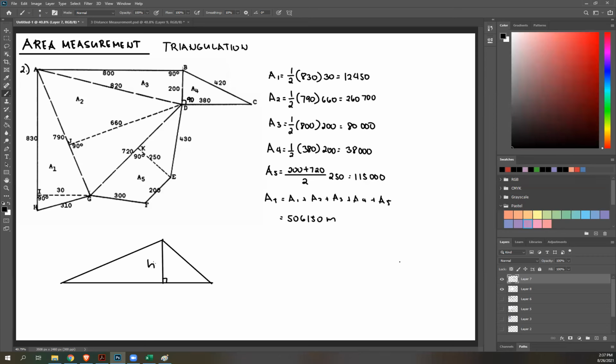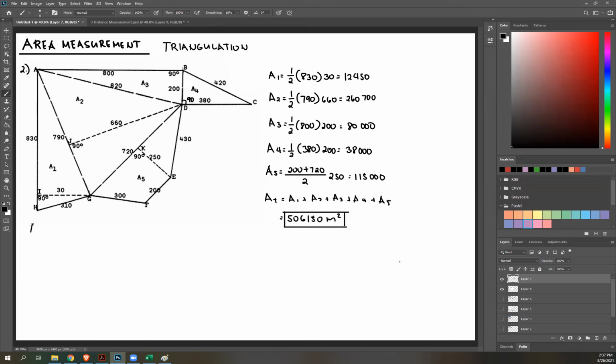Yeah. Okay. This is your 830. This is your 30. And that's why this was already considered. Okay. All right. So going back, 50,000, 506,150 meters squared is our answer. Again, that's considering A4 as a right triangle.